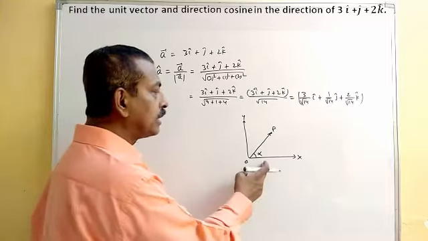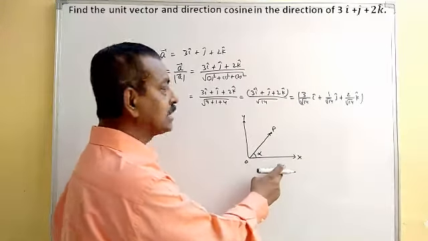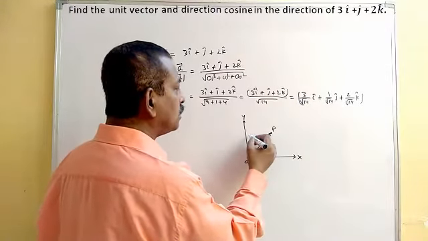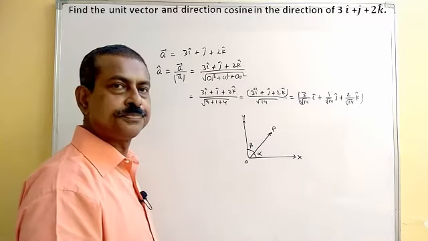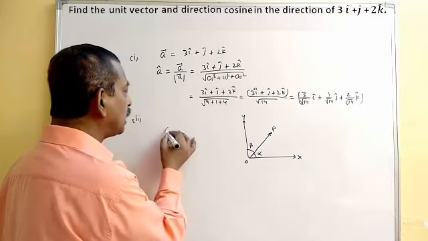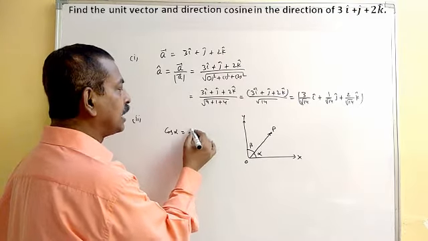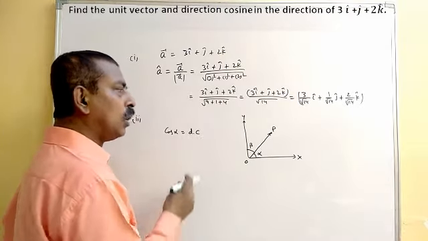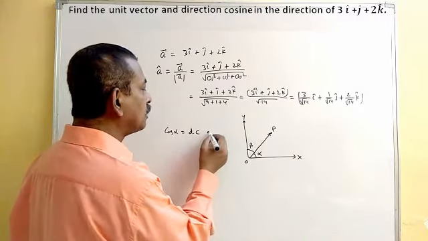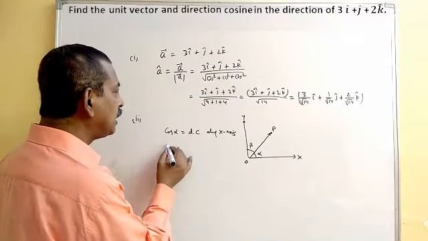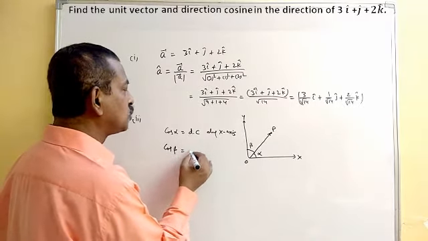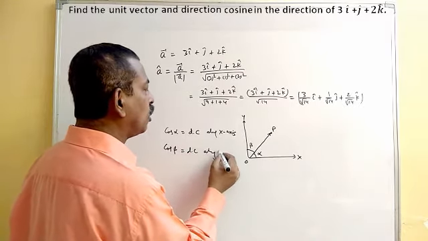So here, it is alpha with the x-axis and beta with the y-axis. So cos alpha is called the direction cosine of this along the x-axis. Similarly, cos beta will be the direction cosine along the y-axis.